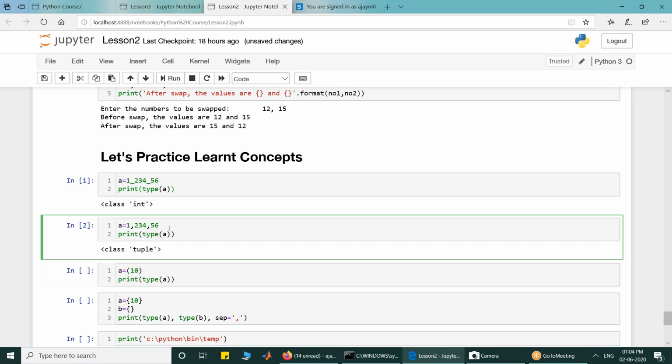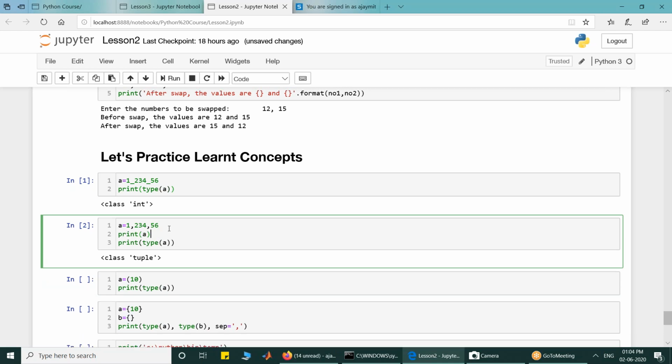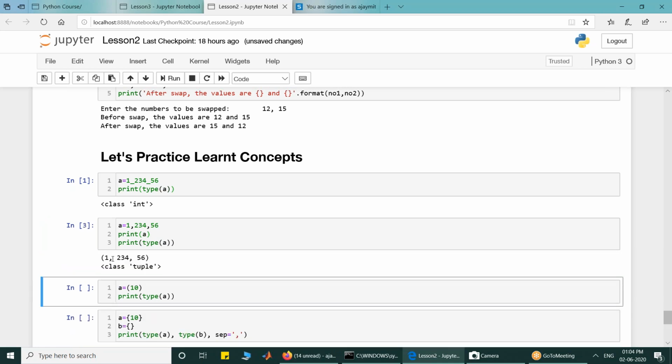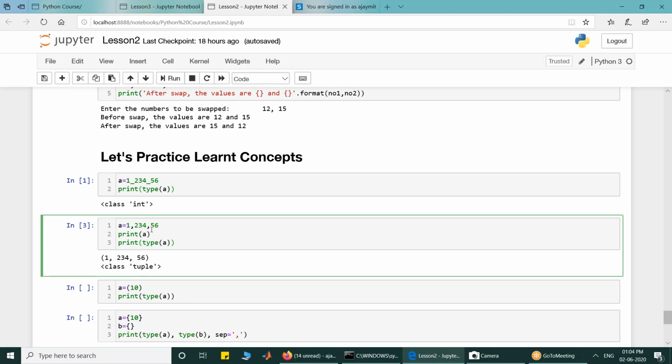If instead of printing the type of A, I also print what A is, it will say 1, 234 and 56. I just want to re-explain that expressions here are 1, 234 and 56, which are separated by commas, optionally enclosed within parentheses. They form a tuple.